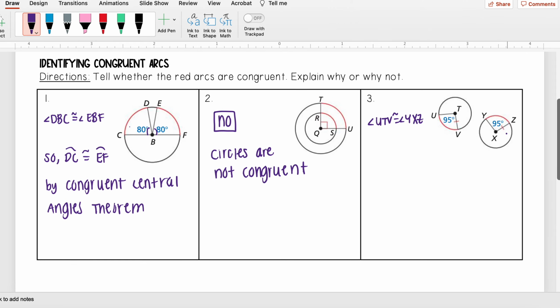So since these two have the same radius, circle T is congruent to circle X. So therefore, we have that UV is congruent to YZ. So the answer here is yes.